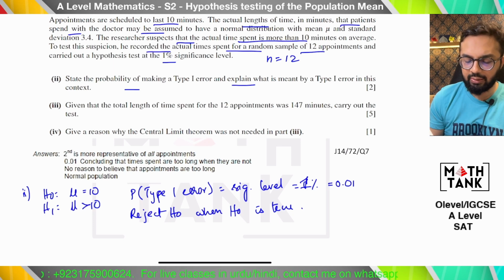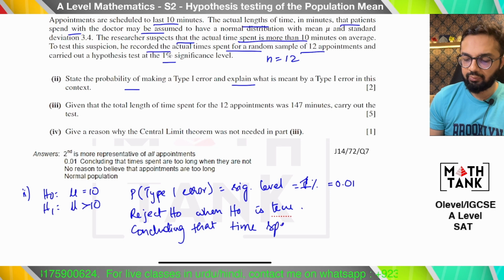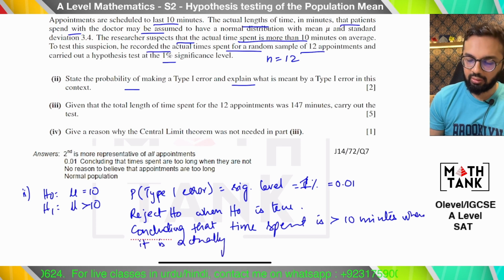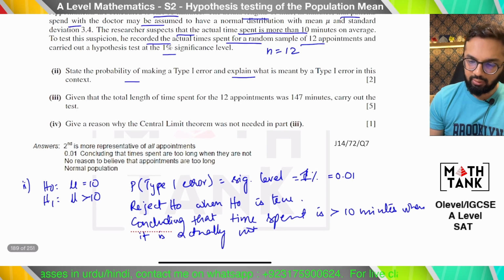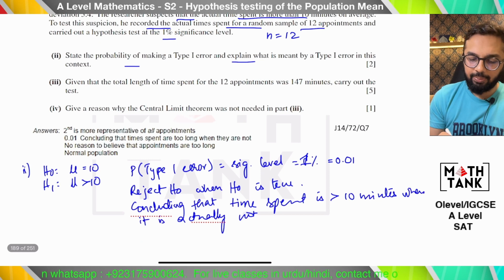So in this context, it means concluding that time spent is greater than 10 minutes when it is actually not. Okay, so that was part 2.